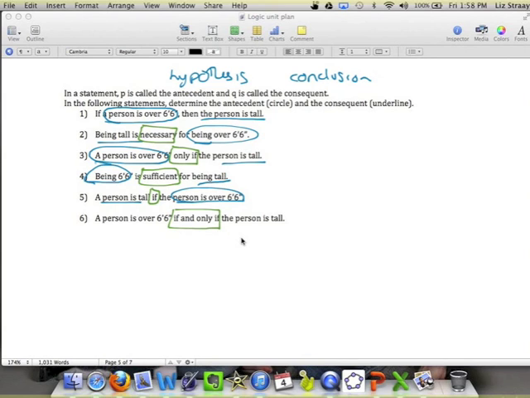Biconditional. So what a biconditional statement means is that it actually works forward and backward. So in this one, they are actually both antecedent and consequent. So you circle and underline.